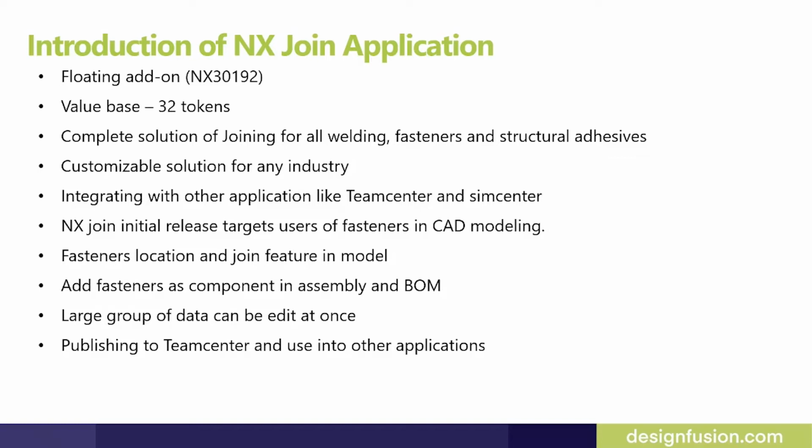So Siemens introduced the NX joint initial release targeting users who mostly use fasteners in CAD modeling. When you use the joint application, it will give you the fastener locations and also create features for joints in modeling.